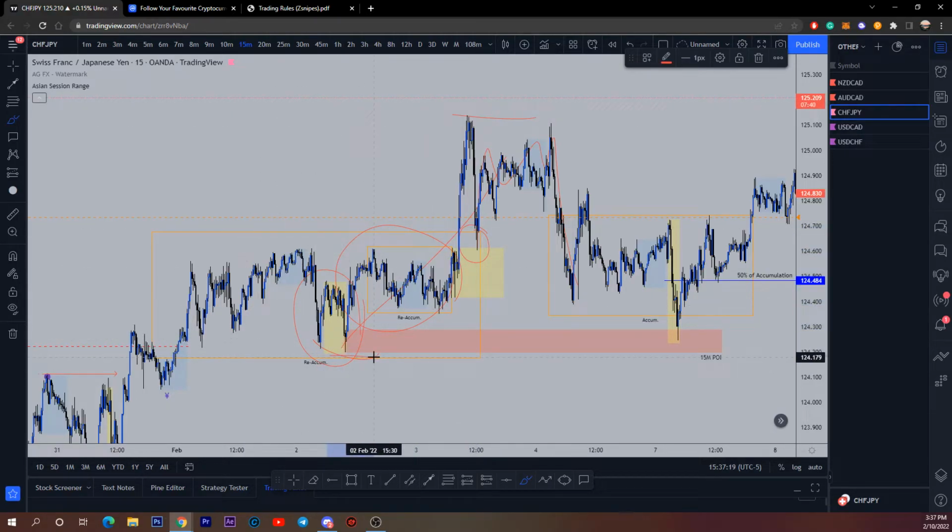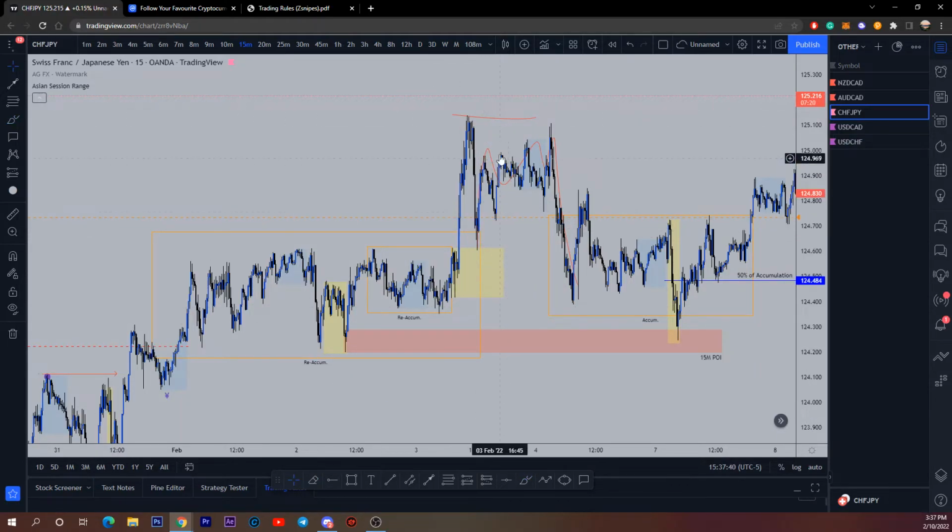This is the last place: if this is invalidated, then this area is done, because that's the origin, all right? Meaning they can invalidate this area, and this area, they can invalidate this reaccumulation, and this area will still be valid, okay?